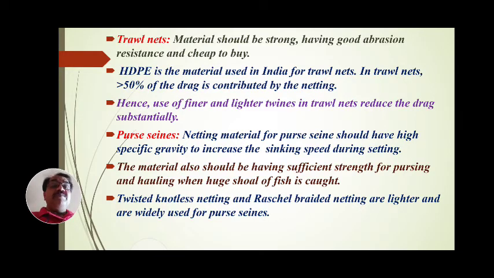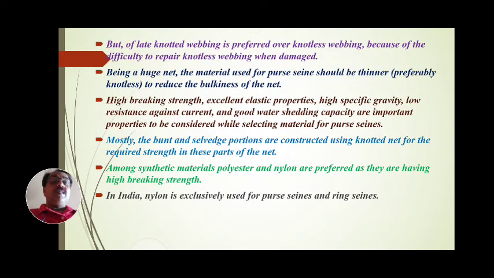Which material? Twisted knotless and Raschel braided netting material. These are to be used for the purse seine.